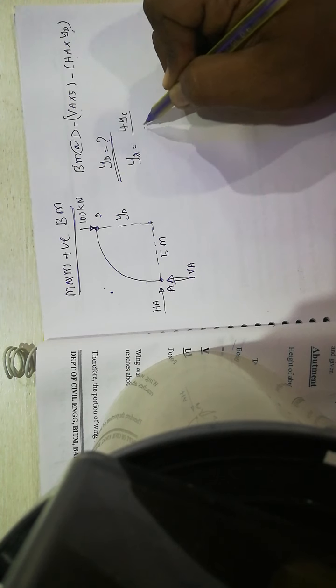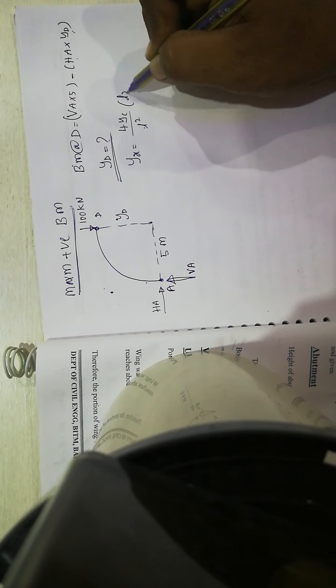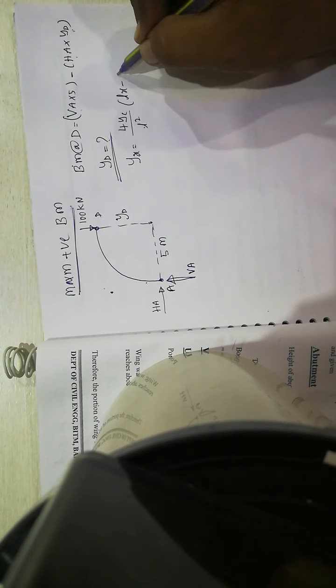For finding YD, we have the equation yx is equal to 4yc by L square into (Lx minus x square).